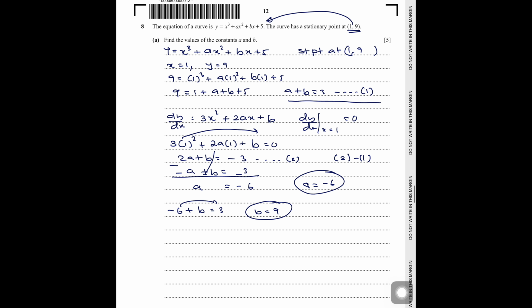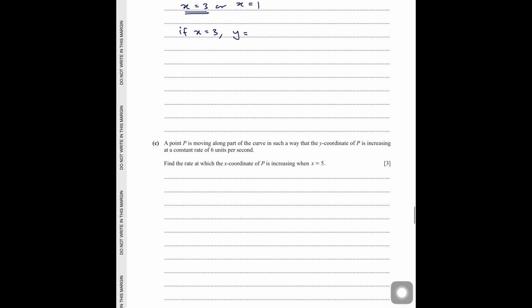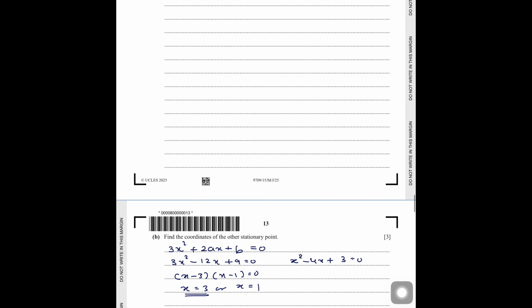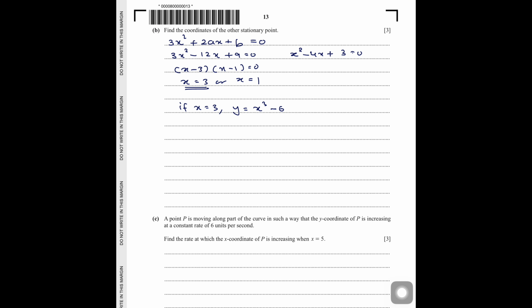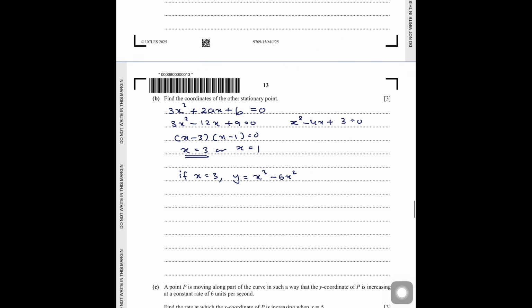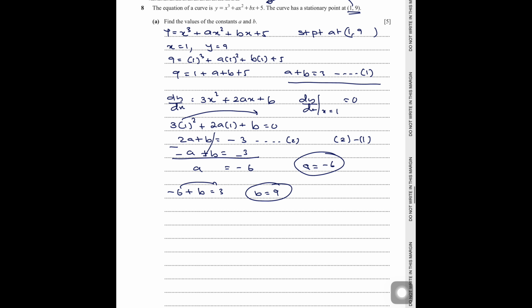I'll use the original equation, x cubed plus ax squared, minus 6x squared because a was negative 6, plus bx plus 5.